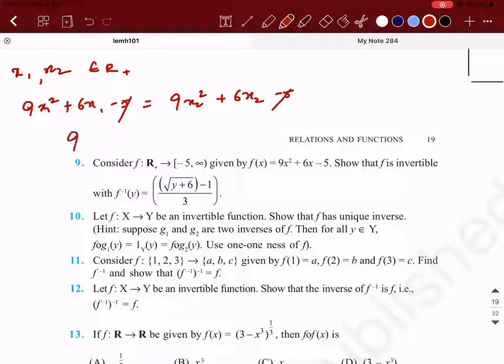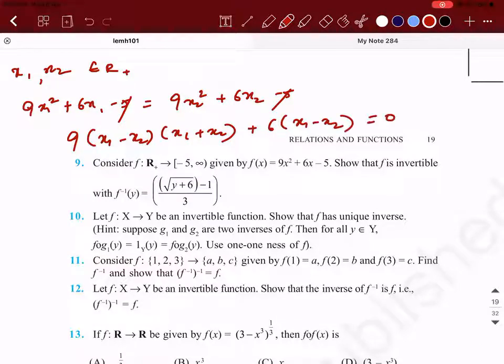So 9 into (x1 minus x2) into (x1 plus x2) plus 6 into (x1 minus x2) is equal to 0. Correct? So what can I take out? I can take out 3 into (x1 minus x2) outside, and what am I left with inside? 3 into (x1 plus x2) plus 2 is equal to 0.